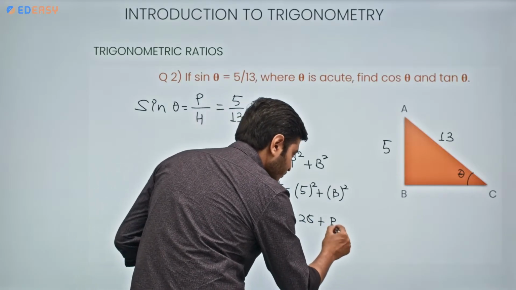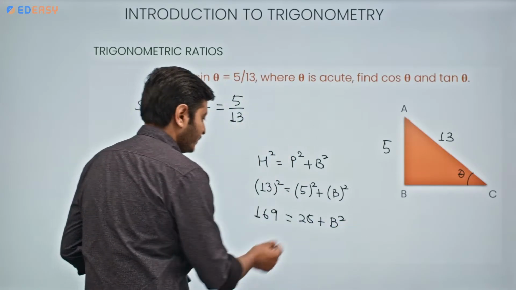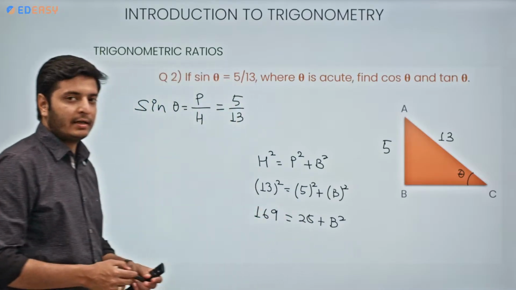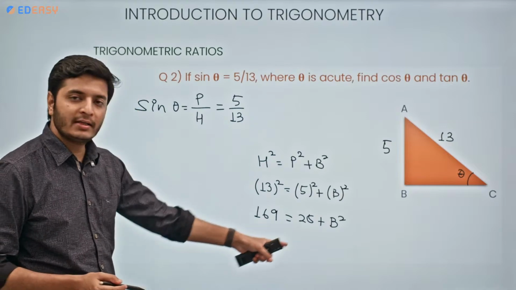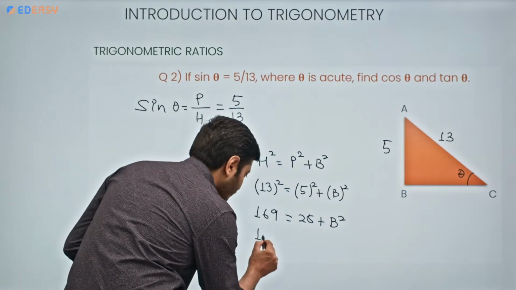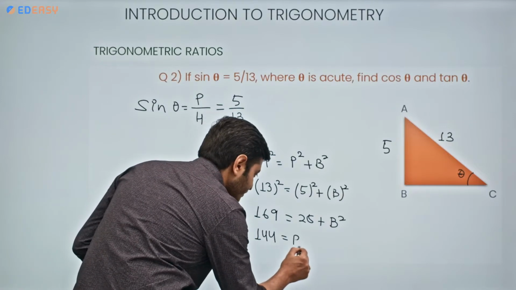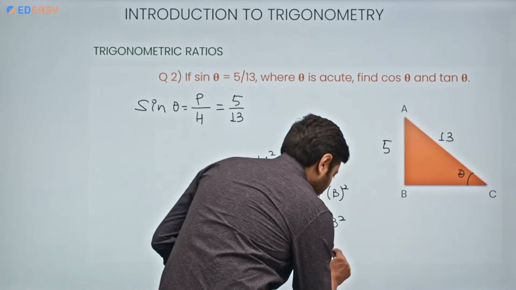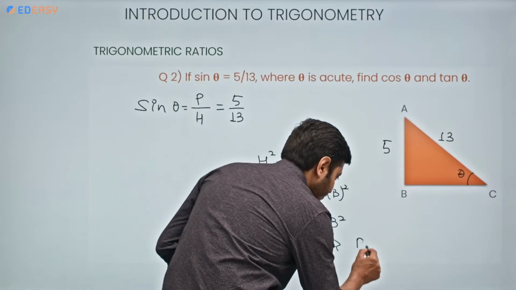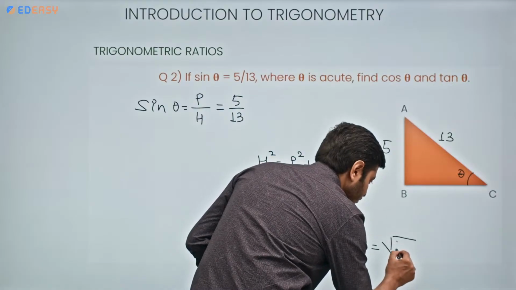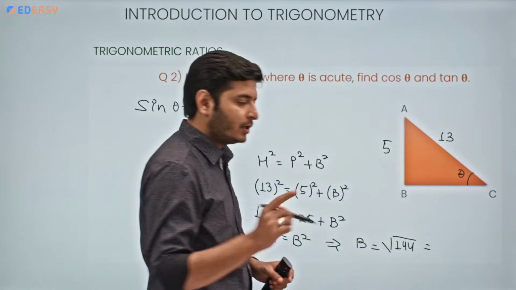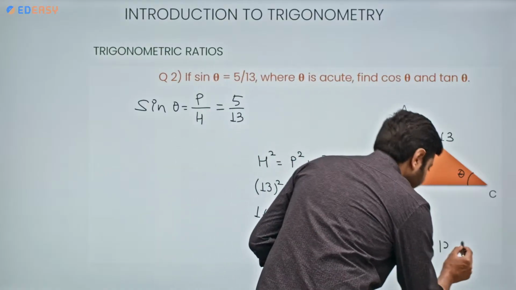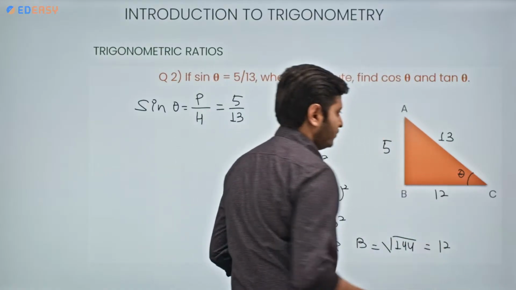B square we don't know, so B square as it is. When transposed to the left side, this 25 will become a negative term. So 169 minus 25, it will be 144 is equal to B square, which suggests that B is under root of 144, and 144 is the perfect square of 12, so under root 144 is 12. So BC is 12.